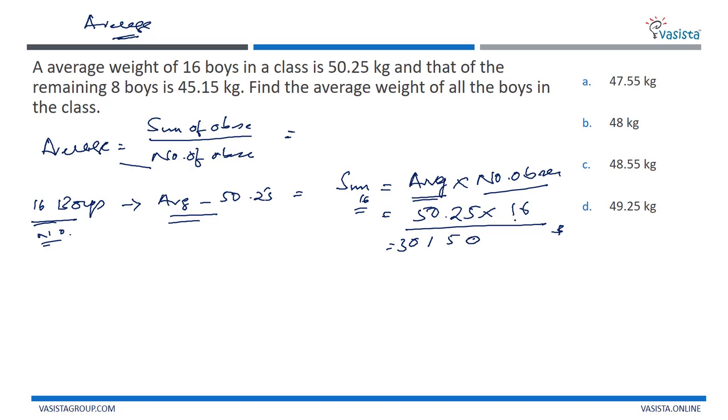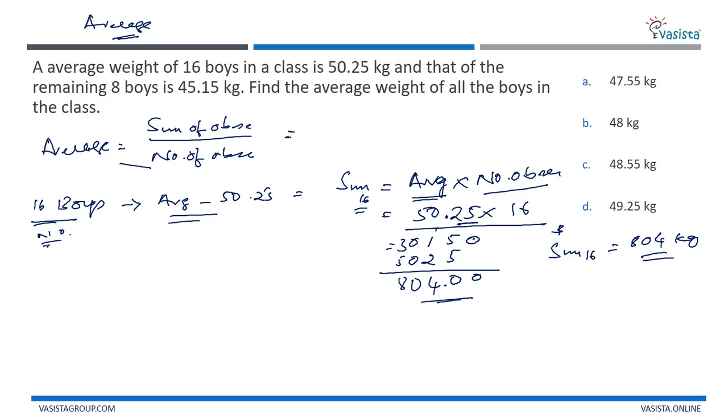Now I'll multiply with 1. 1 5 is 5, 1 2 is 2, 1 0 is 0 and 1 5 is 5. Adding: 0, 5 plus 5 is 10, 1 carry, 2 plus 1 is 3, 3 plus 1 is 4, 0 5 plus 3 is 8. Now after the decimal there are 2 digits. So here the sum of 16 boys is 804 kgs.